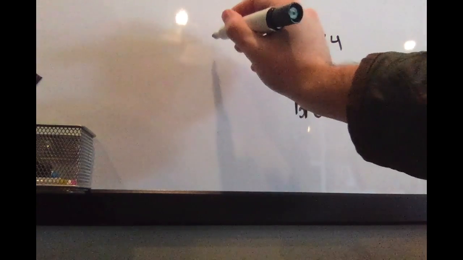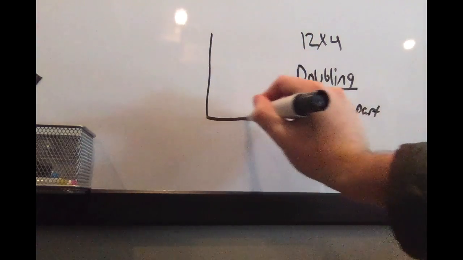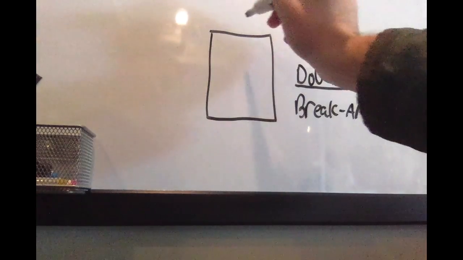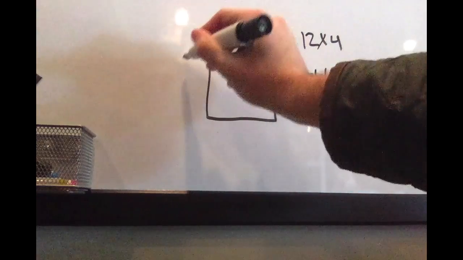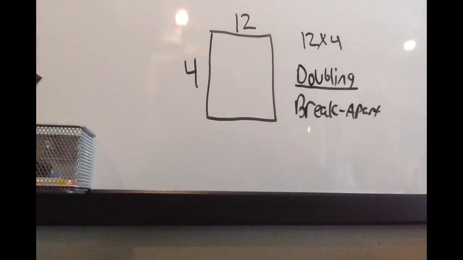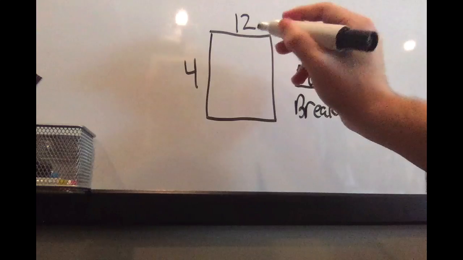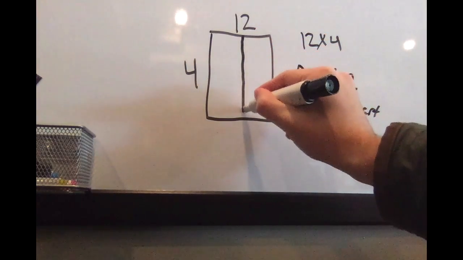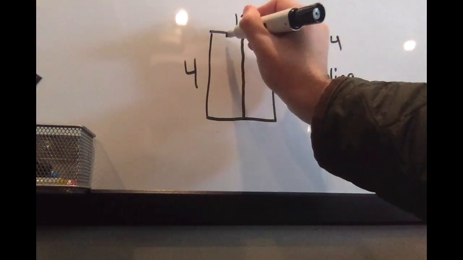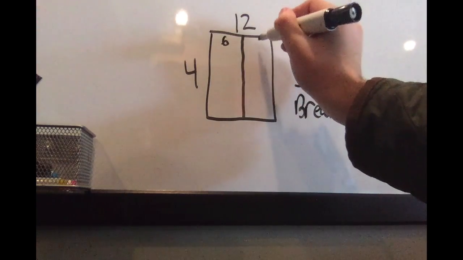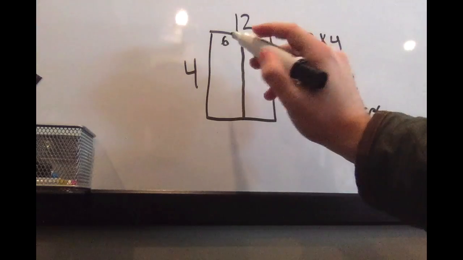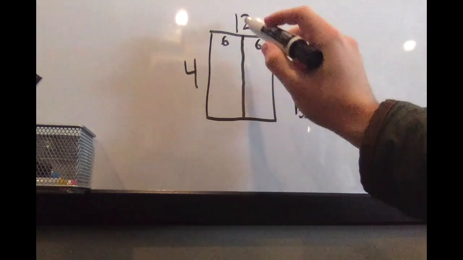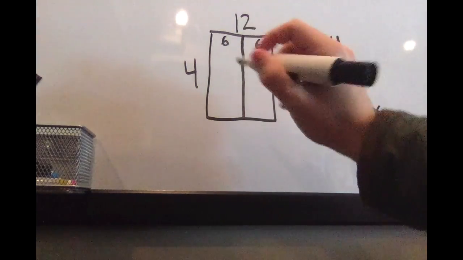Let's draw a big rectangle, right? We're going back to area. Let's put the 12 here, the 4 here. Remember, with doubling, I'm splitting this in half, right down the middle. And I'm making one side of 6 and another side of 6, right? Because 6 plus 6 equals 12.